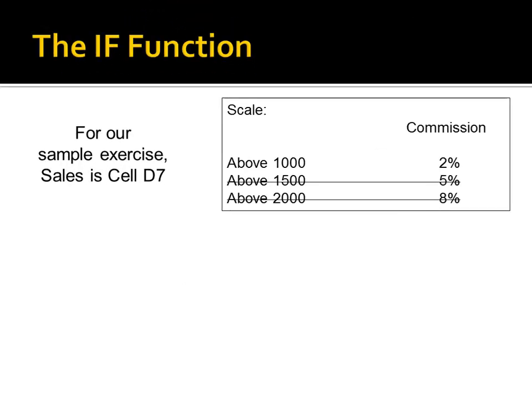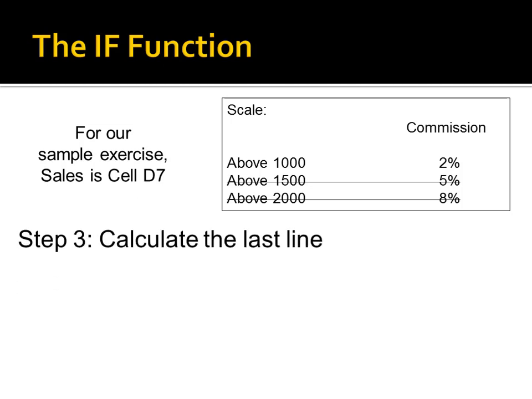Step 3. Notice we've crossed off the second to the bottom line. Now we're looking at the third to the bottom, which is above 1,000. So again, step 3, calculate the last line. If you're above 1,000, you should get 2%.